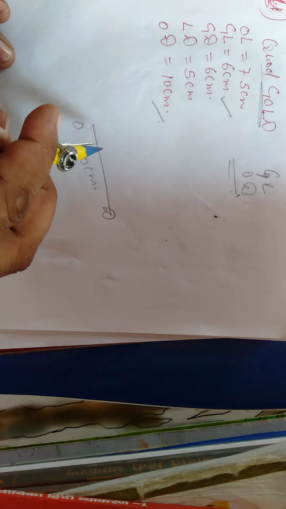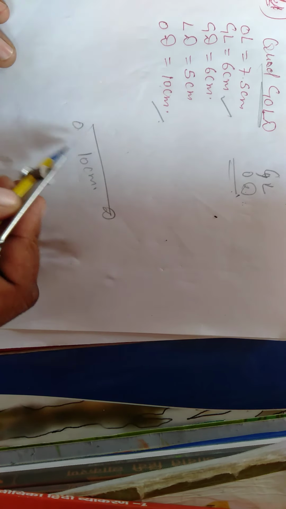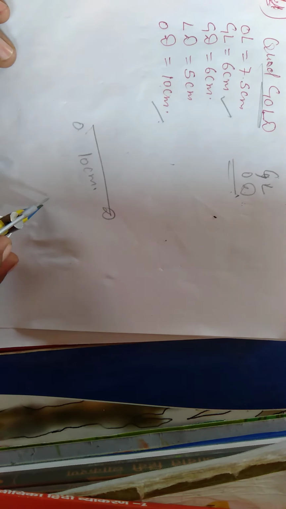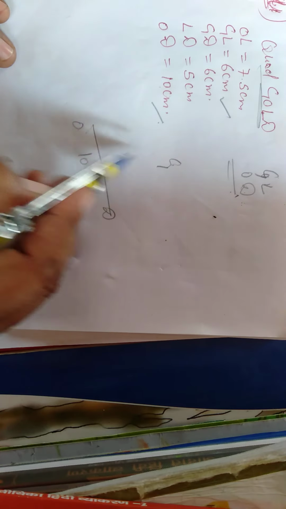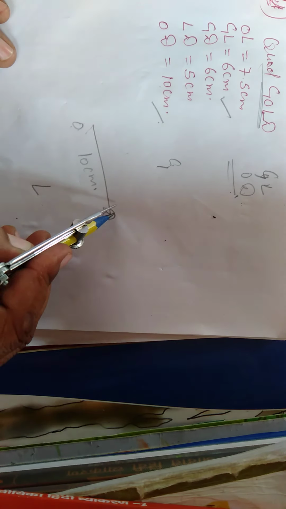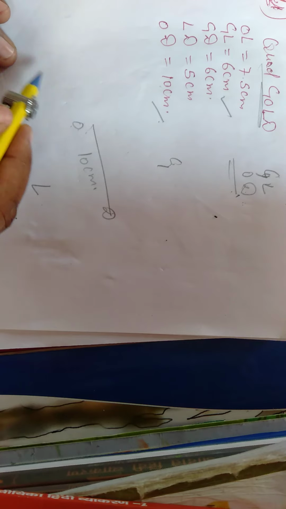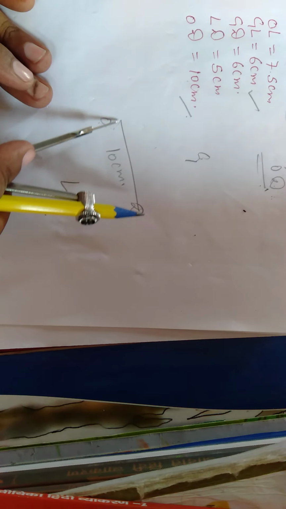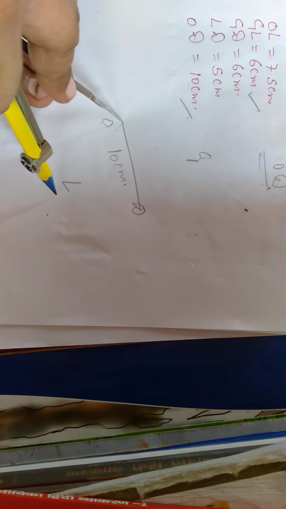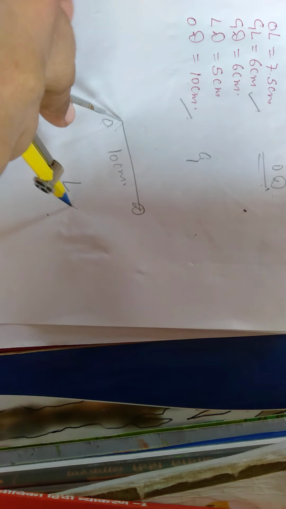From O I have OL. It will become GOLD, right? GOLD. So may I have OG? This is not given. May I have OL? This is given, 7.5. So open your compass, set at 7.5, and make the arc from O to L, right?